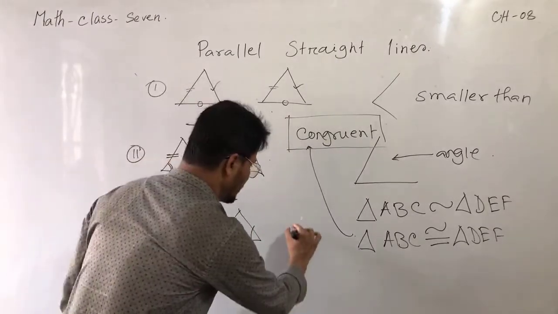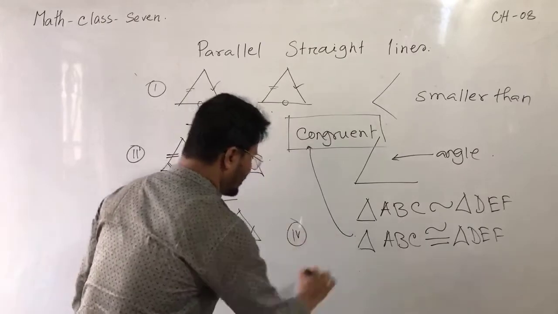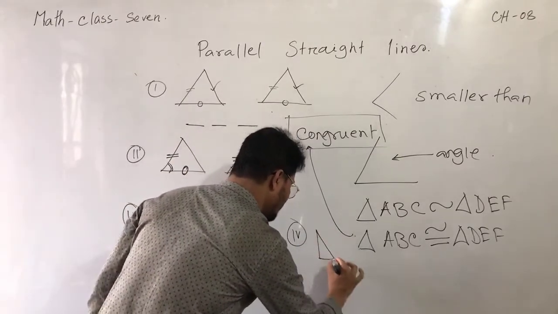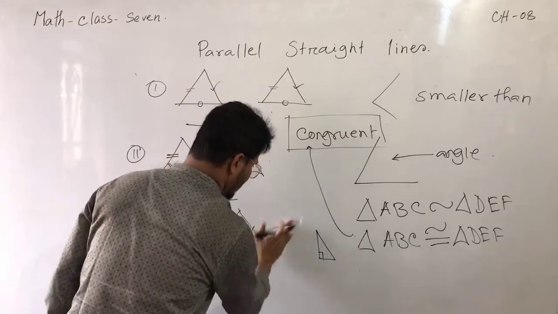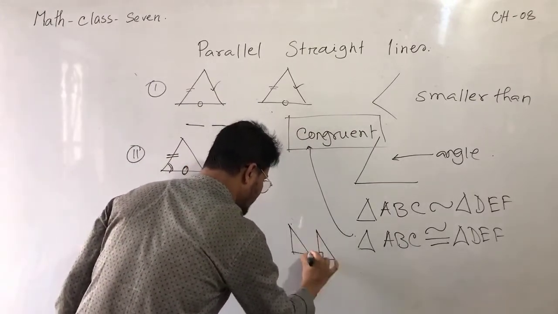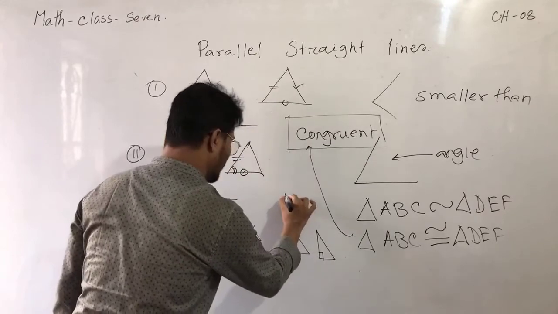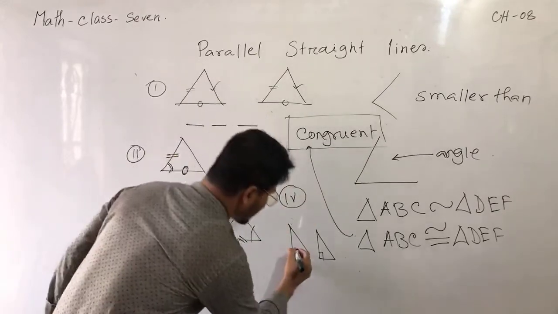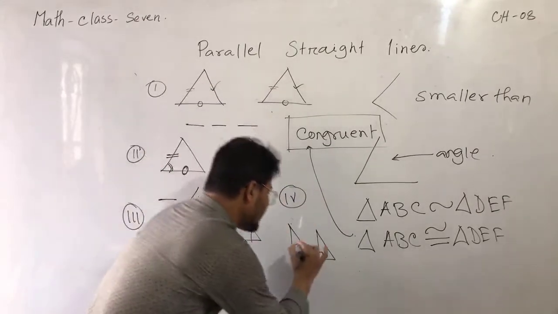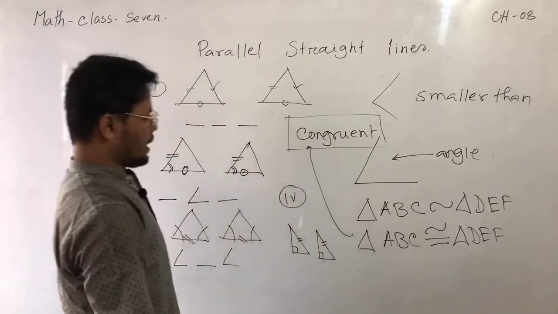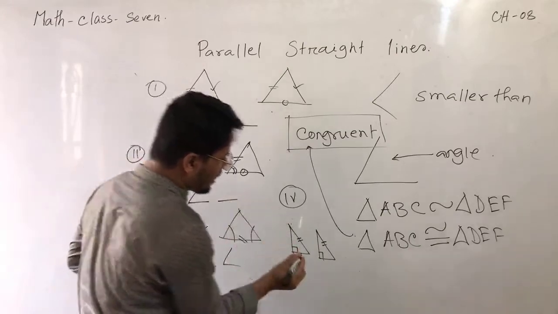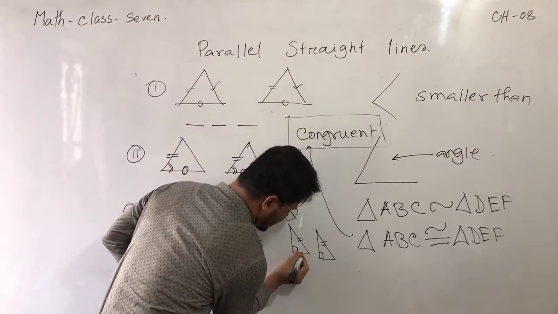Just give attention here, number 4. In a right angle triangle, this is the characteristic especially for the right angle triangle. When the two angles are right angle, this is the number 4 characteristic. Two angles are right angles, and this side is called the hypotenuse. You all know hypotenuse.